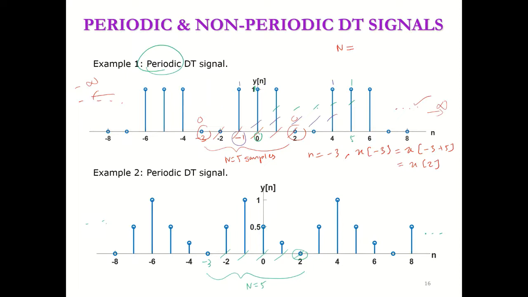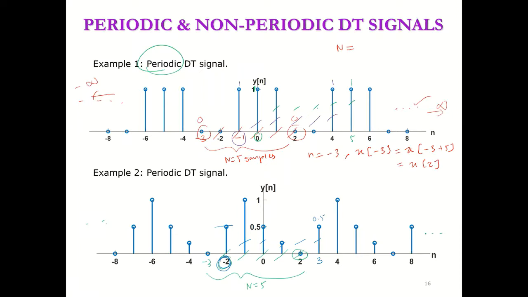So from -2, 1, 2, 3, 4, 5, we say that at -2 the value is 0.5, and at 3 also the value is 0.5.